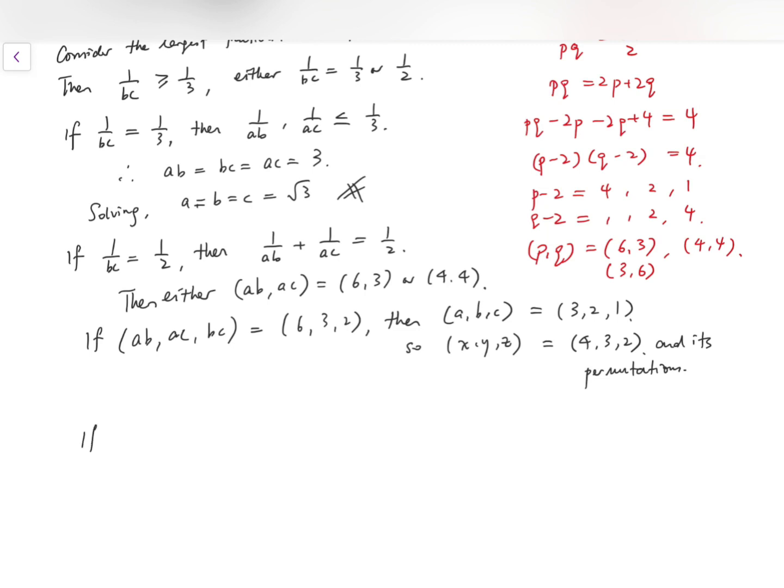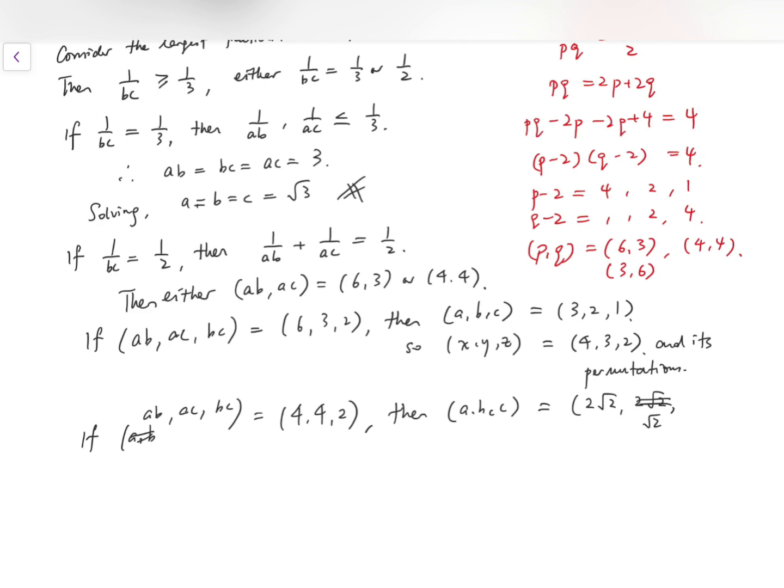Well, for the last case, if it's a 4/4/2, then for ABC you will get something like 2√2, 2√2. Sorry, not 2√2 for this.